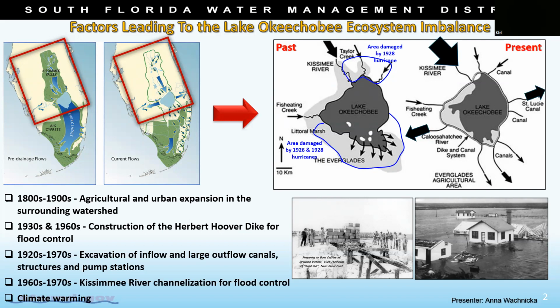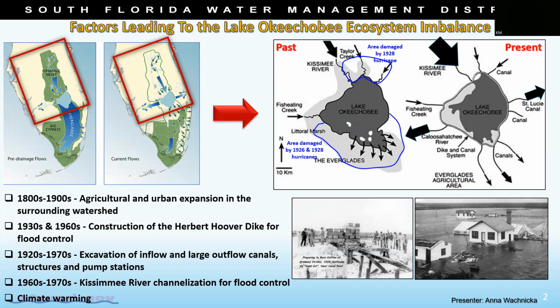But then the hurricanes of 1947 came, and the same happened. Again, the whole southern system was completely flooded, the farmlands around Lake Okeechobee were affected, and people lost their lives. So in the 1960s, we have the next phase of dike construction.